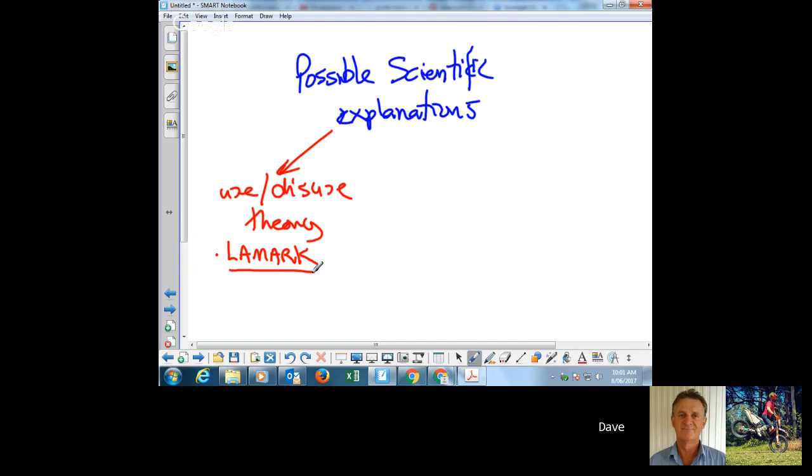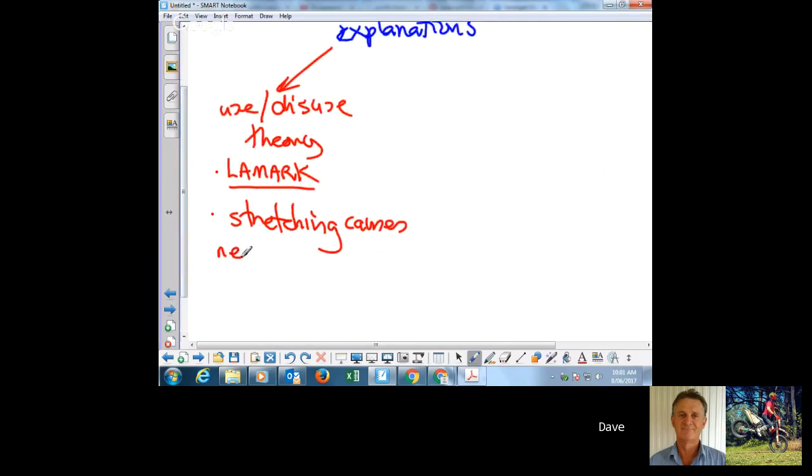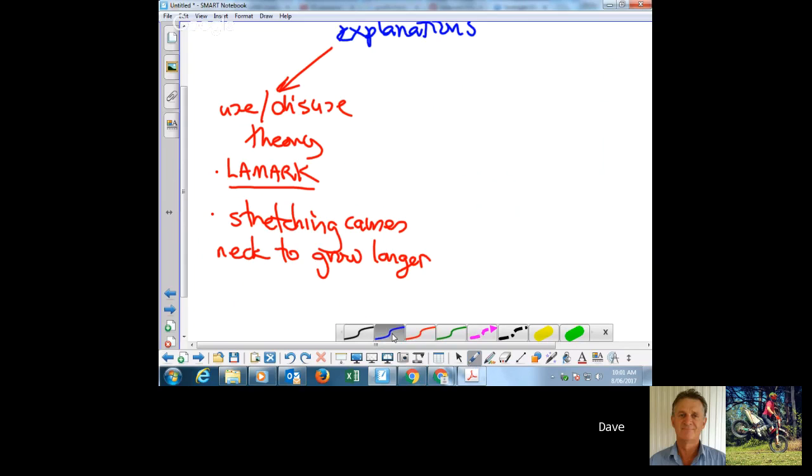And the suggestion was that stretching causes the neck to grow longer. And the basic point was that this long neck was then passed on to offspring.